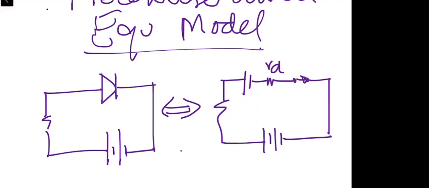So over here it is 0.7 volts, then RD connected in series, and then a closed switch.